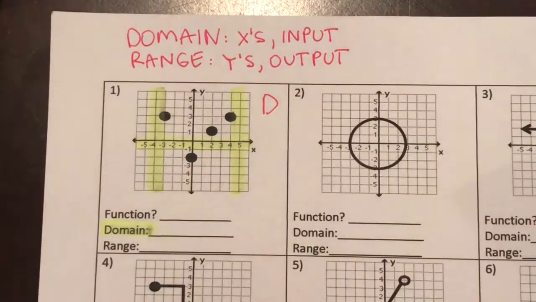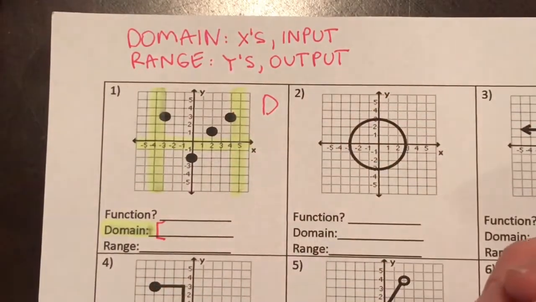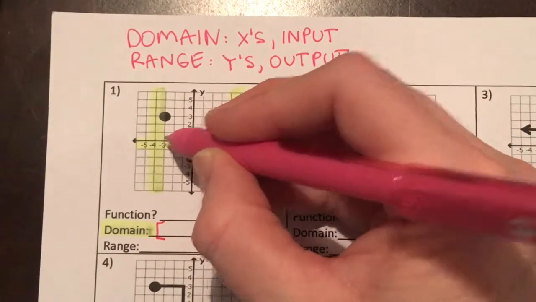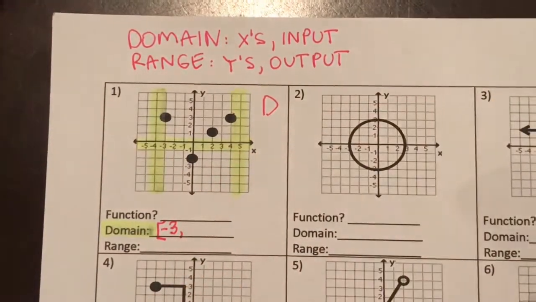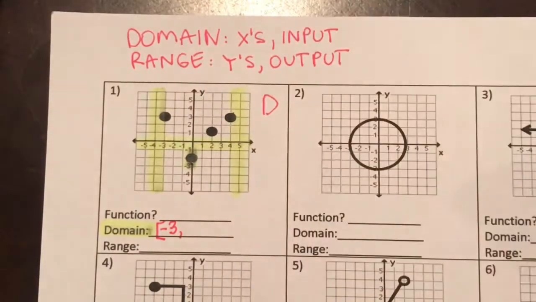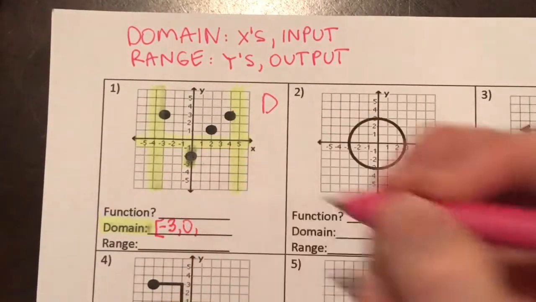So my first one, I want these in brackets because if I don't put them in brackets, they start to look like ordered pairs, okay? So my first one, the x value is at -3, so I'm just going to write it down. And then my next one, the x value for that is at 0, so I write it down.